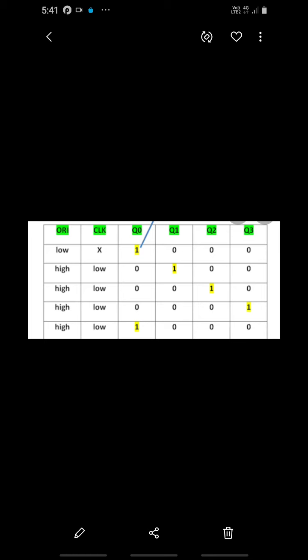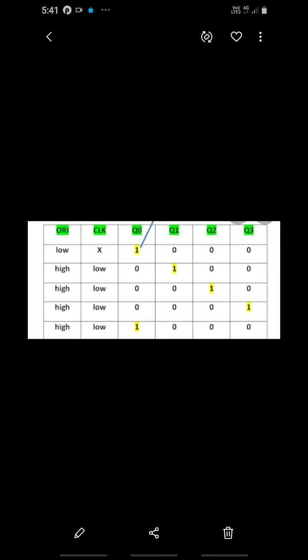During the third clock pulse, the output is 0 0 0 1 0 0. And during the fourth clock pulse, the output is 0 0 0 0 1 0.